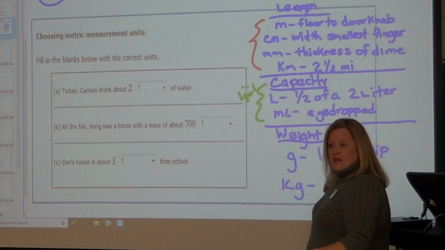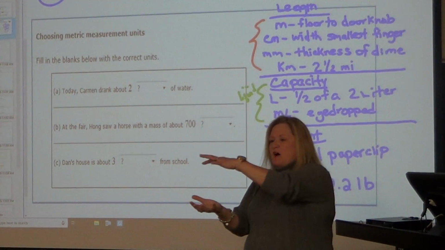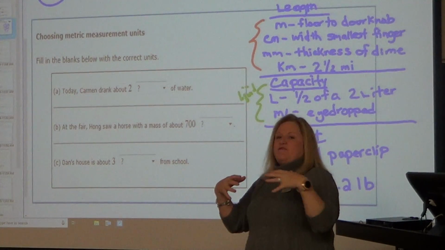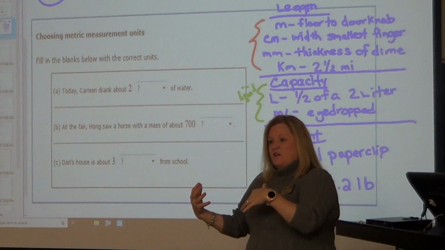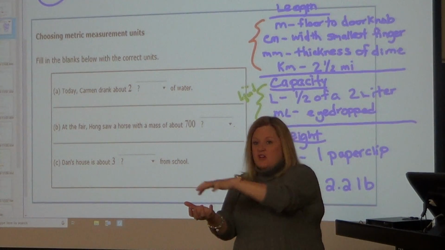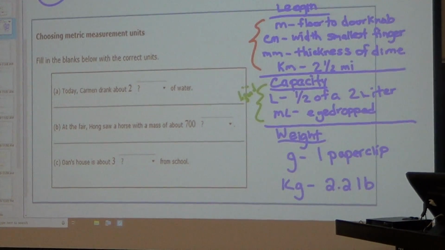Kilograms, 1 kilogram is about 2 pounds, so a small bag of sugar. If somebody says, I had 5 kilograms of whatever, that's like 5 small bags of sugar. So we need to know what those words mean. So, if we have, Carmen drank about 2 milliliters or 2 liters of water.